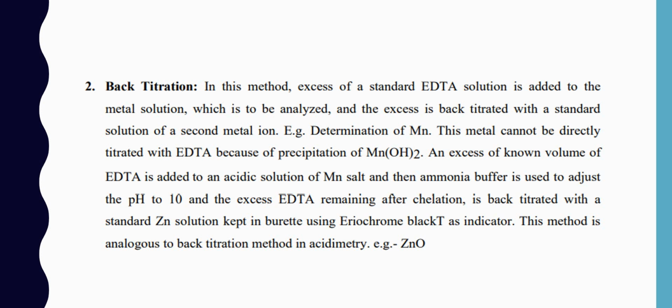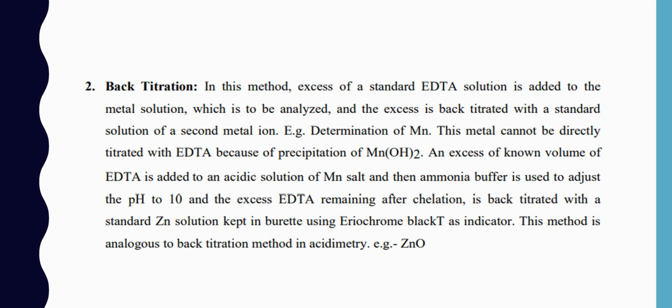Next is back titration, as you may also have performed in your college. In this method, excess of standard EDTA solution is added to the metal solution which is to be analyzed, and the excess is back titrated with the standard solution of a second metal ion. Example, determination of Mn. This metal cannot be directly titrated with EDTA because of precipitation of Mn(OH)2.